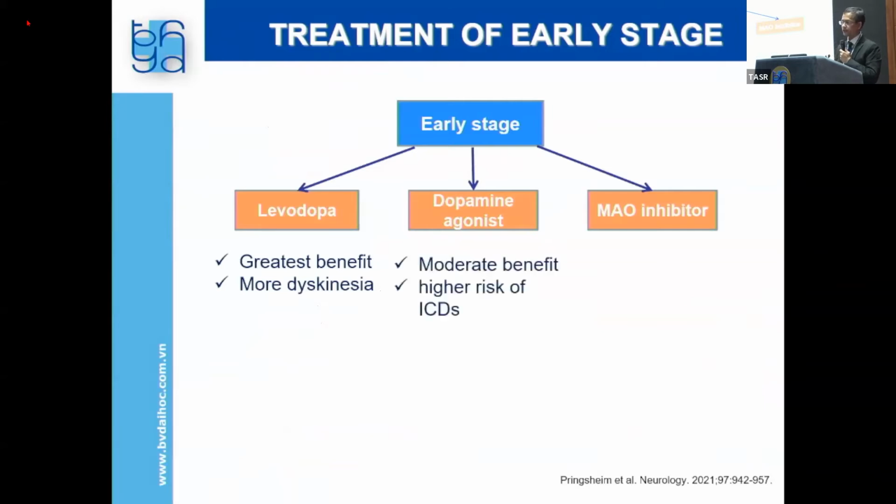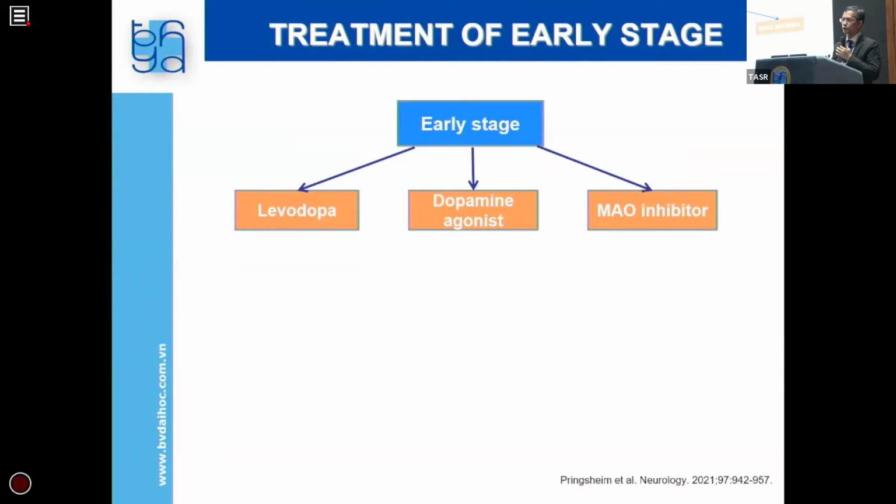Dopamine agonists have moderate benefit, but also a high risk of impulse control disorder, ICD. MAO inhibitors have mild benefit.